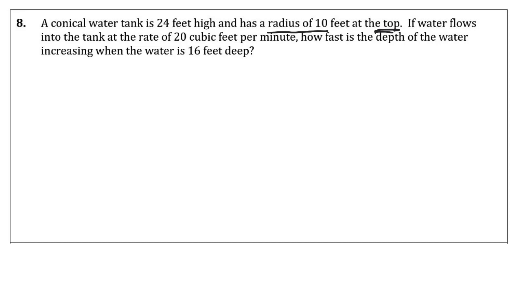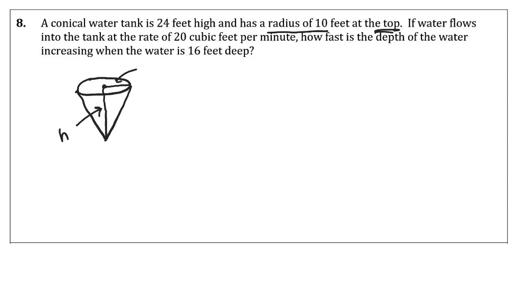Now that's important because if you have a conical water tank, you're going to have something that looks like this. That's what's going on here. So if you notice, unlike the earlier problem with the cylinder, the radius and the height are both changing. So this part here, that's going to be your height.